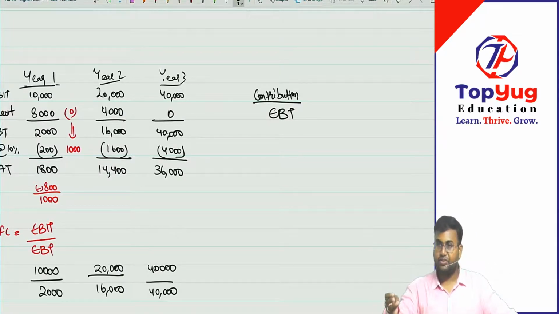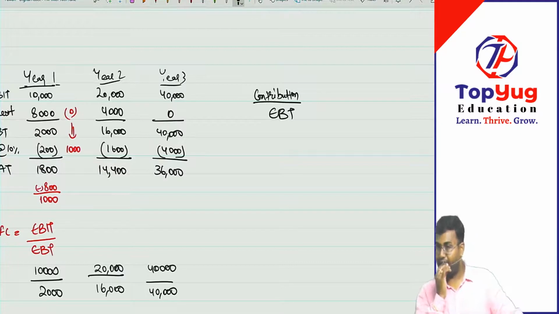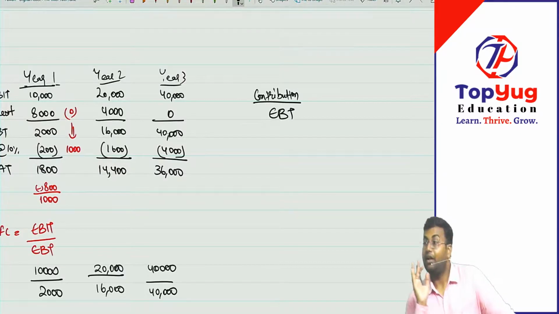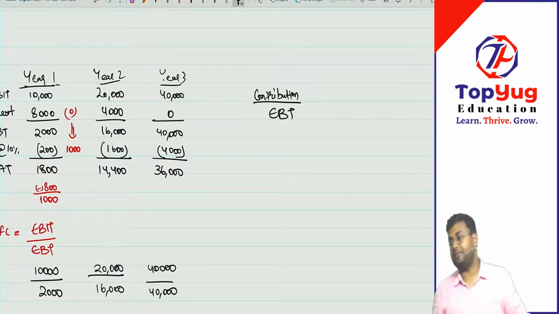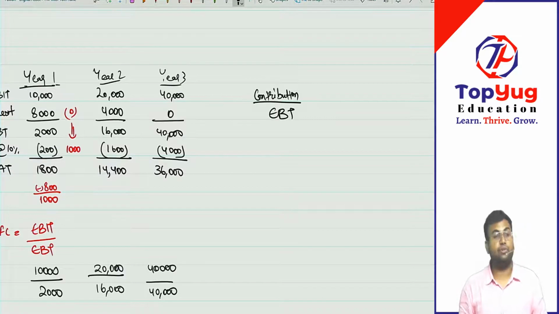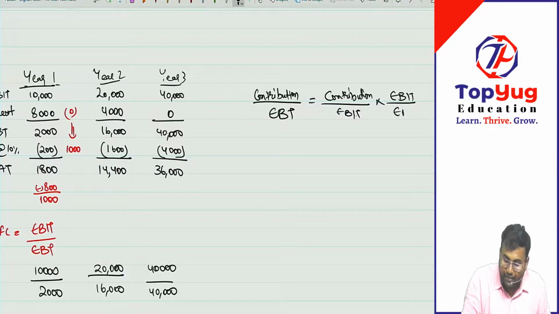Yes, taxes is share of profit, dividends are share of profit, everything is share of profit. But after I make out my EBT, I have my final number. Yes or no? So total leverage in the business can we calculate by finding out contribution by EBT? Yes. Can I expand this formula by saying contribution by EBIT into EBIT by EBT?